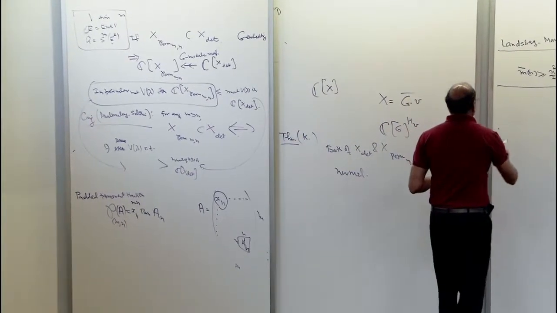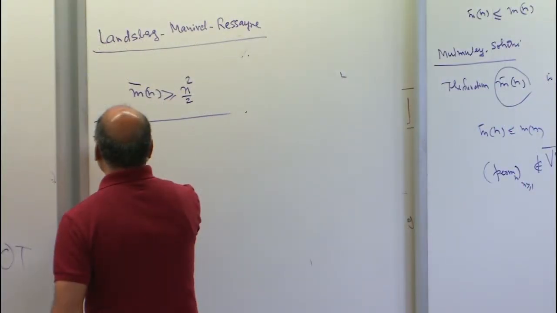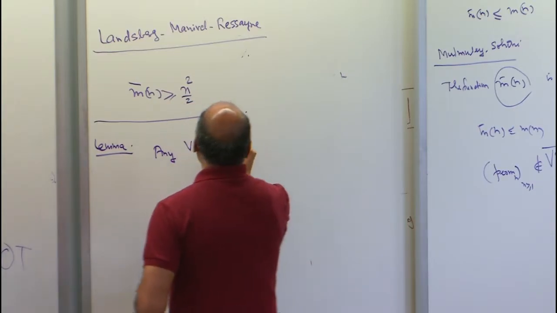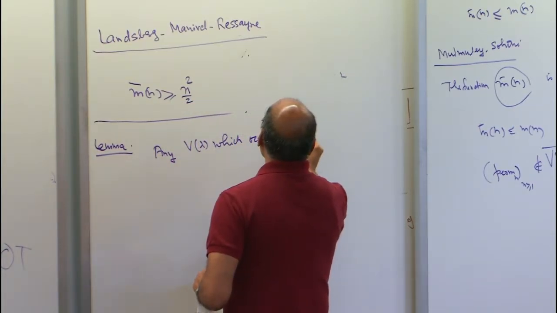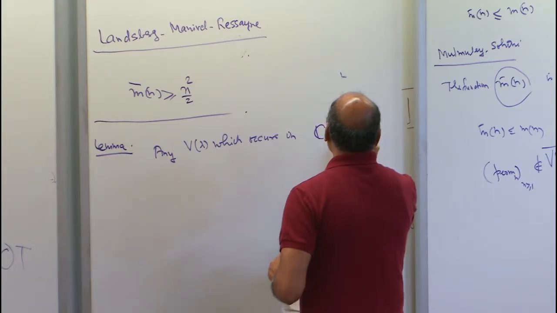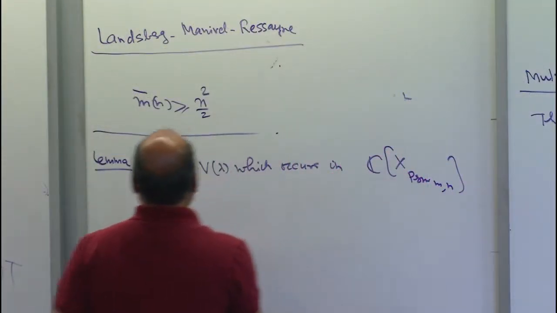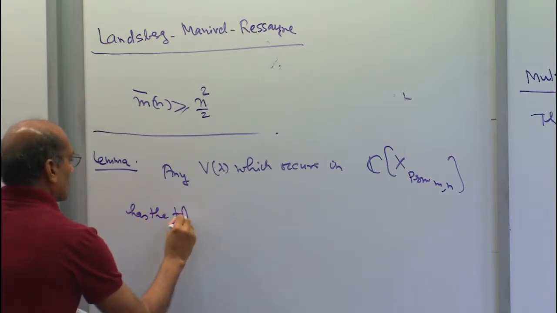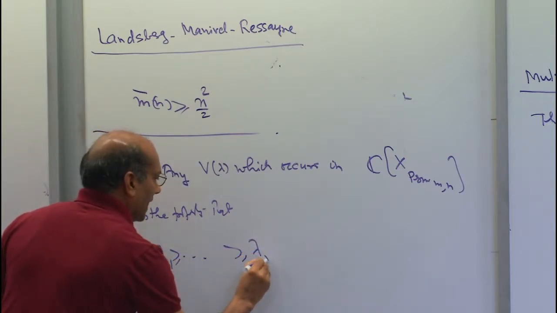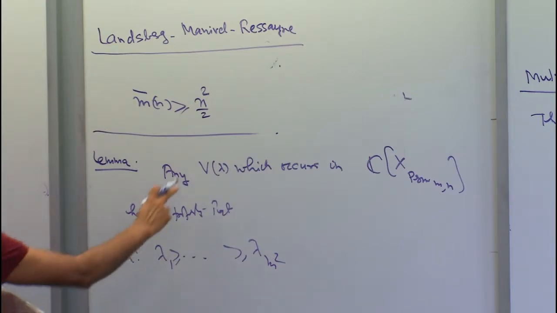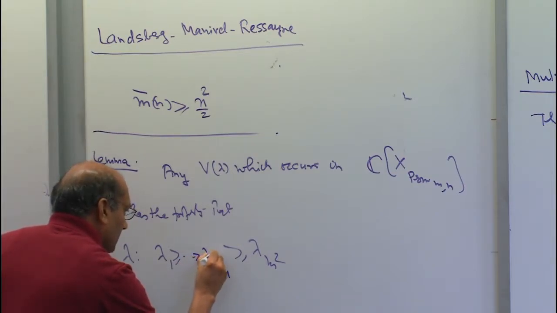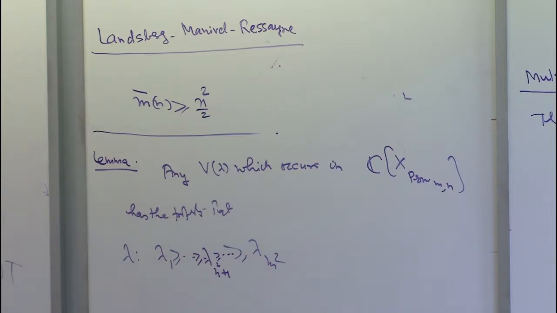So first of all, let me make one simple lemma: any V lambda which occurs in C of X perm Mn has the property that this lambda is a partition with at most n squared plus 1 parts.